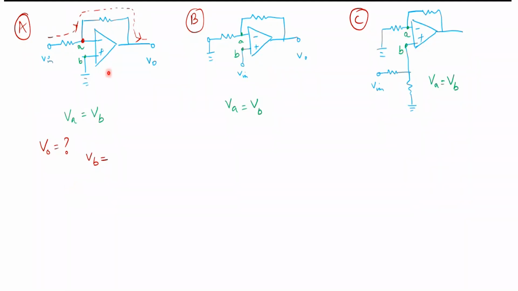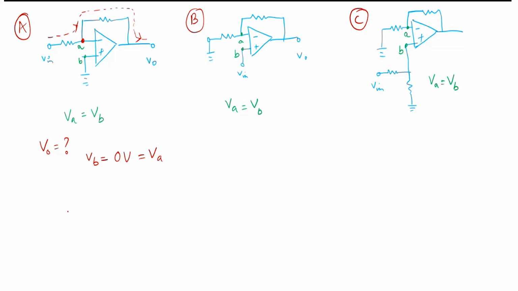Hello? See, the point B is grounded, right? Grounded means what is the voltage at B? Zero. So if VB is zero, can I say VA is also zero?